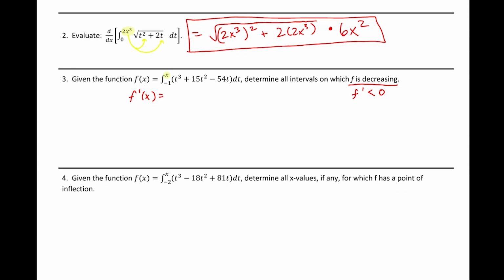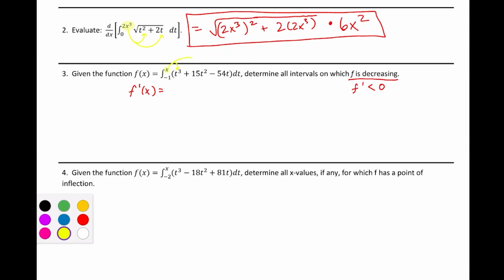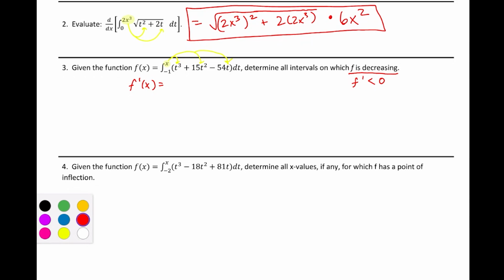I mean, technically, we're going to do that, but the derivative of x is just 1. Whenever it's just x, we're just going to replace these t's with x. So f prime would be x cubed plus 15x squared minus 54x.